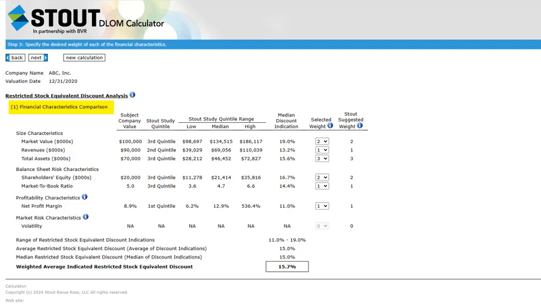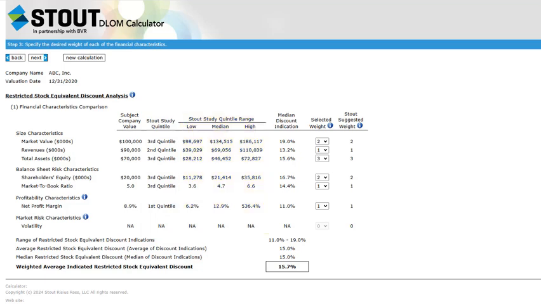To perform a comparative analysis across the selected variables, the data in the study is sorted into 5 equal percentile groups, called quintiles, for each variable, and the median discount for each group is computed. The calculator then compares the subject entity with the data for each parameter to determine into which quintile group our subject company should be placed. The low, median, and high values of the quintile your subject company matches are also provided.